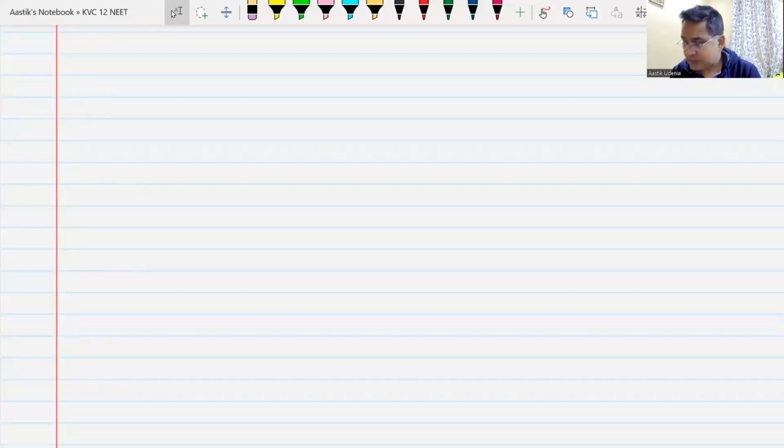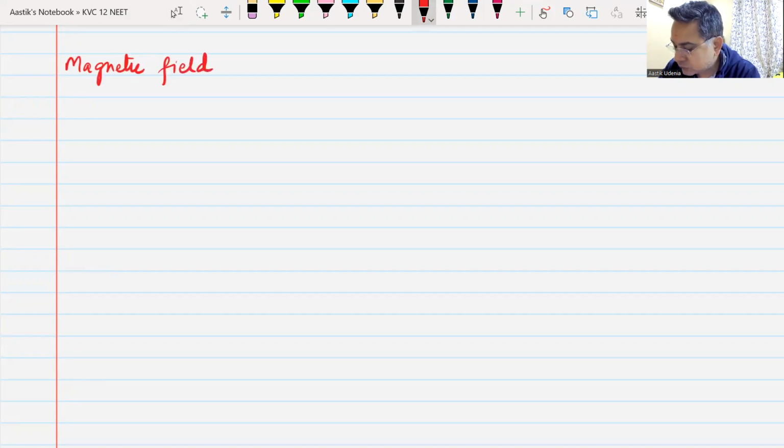Now, let us move ahead. What does a magnet do? A magnet creates a magnetic field. That is the next heading, magnetic field. What is a magnetic field?